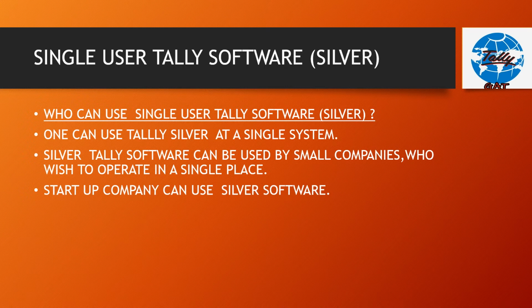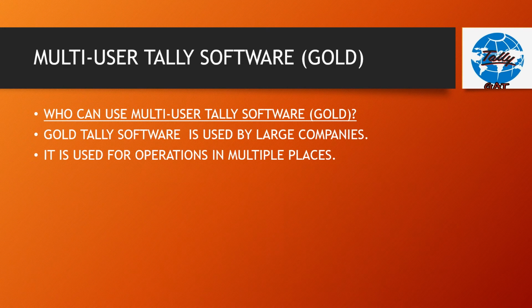Startup companies can use Silver software accounting package. Coming to the multi-user Tally software, multi-user Tally software is known as Gold. Who can use multi-user Tally software, that is Gold? Gold Tally software is used by large companies. It is used for operations in multiple places.